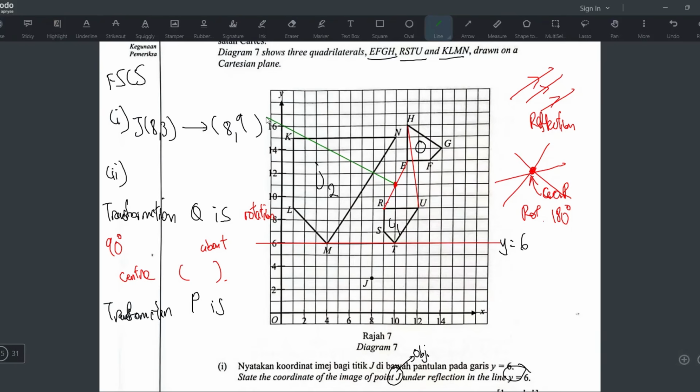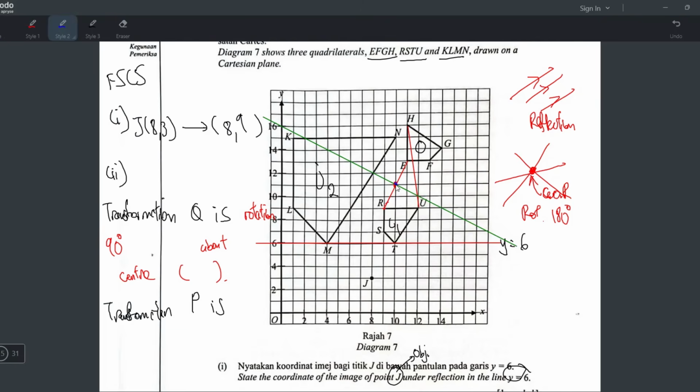Wait, let me double check. I have to be accurate because it will affect my answer later. Yeah, that's 90 degrees, right? Okay, you get something like that. If you follow my steps, you will get this as your perpendicular bisector.